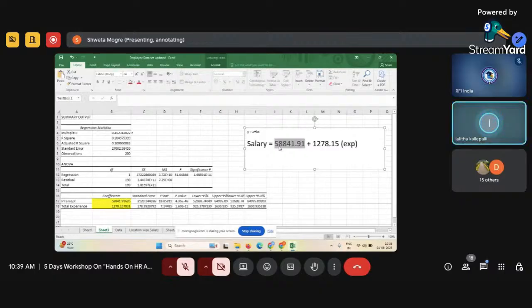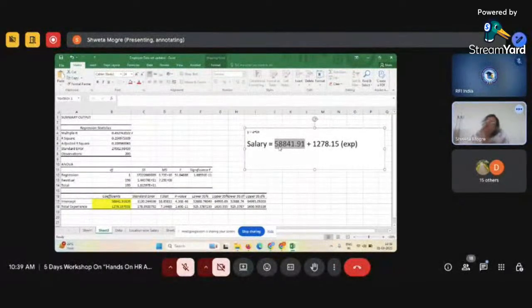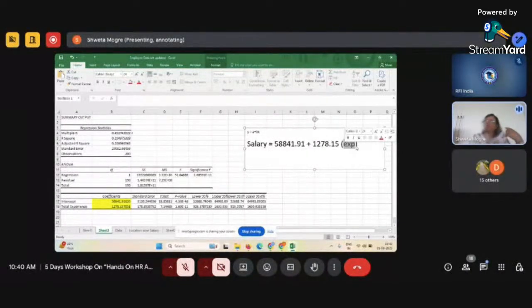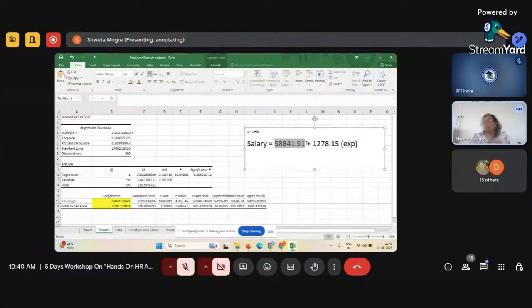Ma'am, can you repeat once? I missed the previous one. Intercept means whenever your independent variable takes 0 value, what is the value of your dependent variable? So if my experience takes 0 value, meaning I am hiring a fresher candidate, a just-graduated college student, what will be the expected salary?